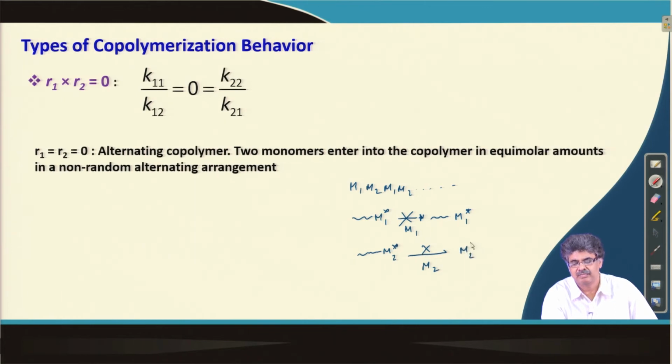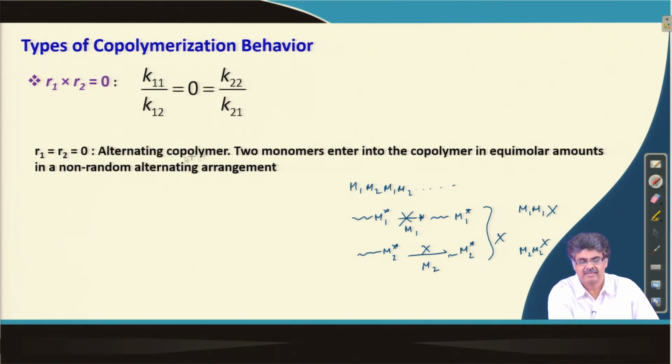These two are not possible. As a result, the possibility of two M1 sitting next to each other is 0, and similarly the possibility of two M2 sitting next to each other is also 0.